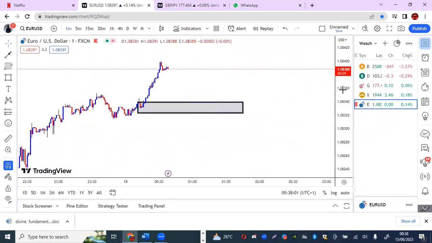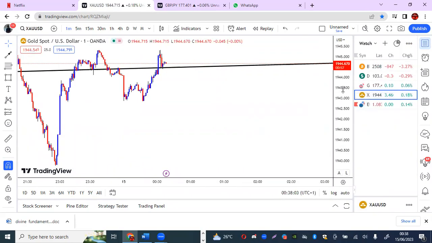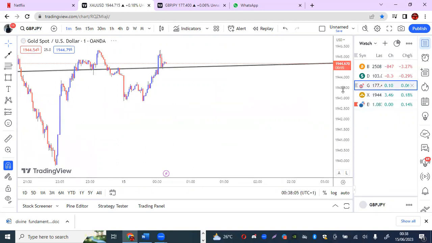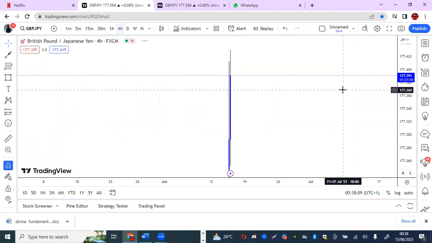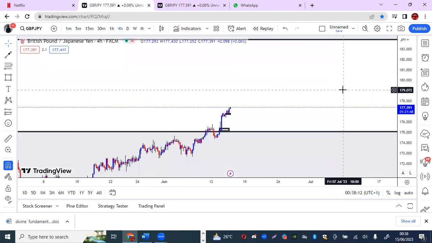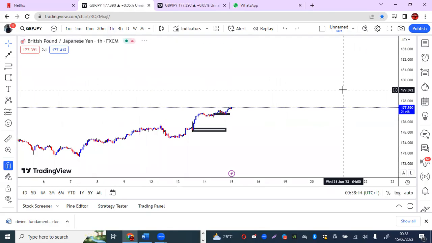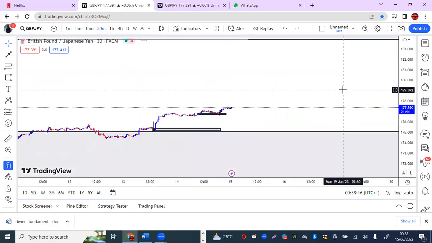Okay, I think there was a trade we took today in our group. Let me check. I hope the markup is still there. I took a buy today and it was just off a continuation pattern.